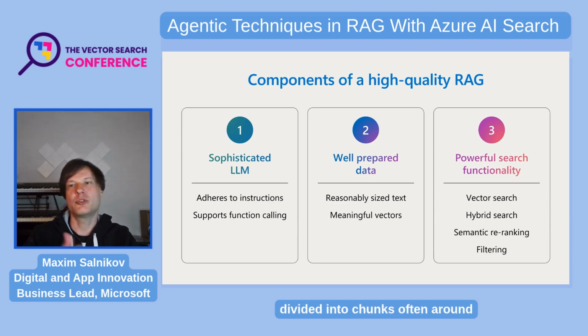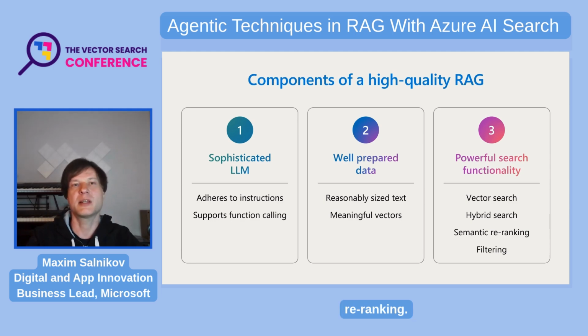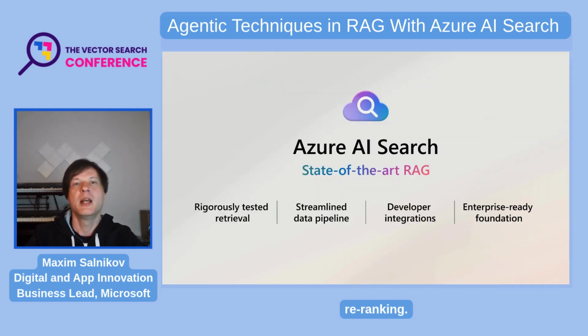Text divided into chunks, often around 500 tokens, optimized for sentence boundaries. And these chunks then converted into vector representations and stored in search index. And finally, powerful search functionality is crucial that supports both keyword search, vector search, hybrid search, and sophisticated semantic re-ranking.